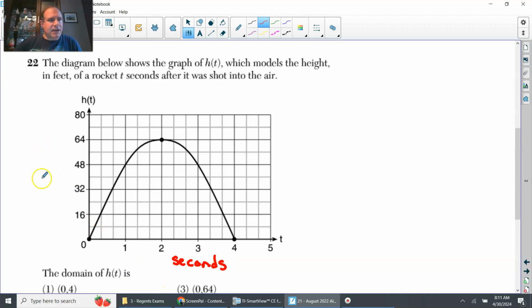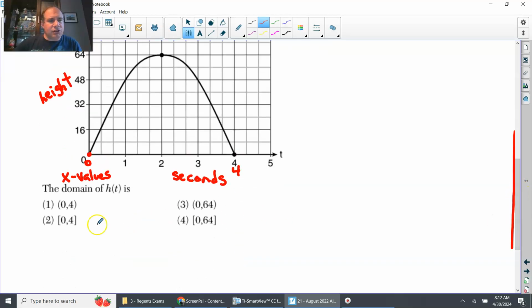And this is height. What's the domain? The x values. So it starts here, 0, and lands here, 4. And it includes each, so 2 is your answer.